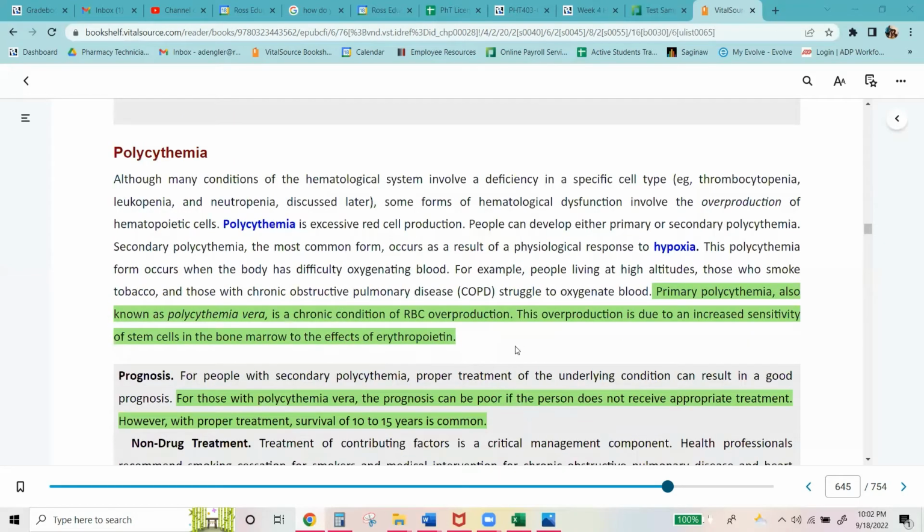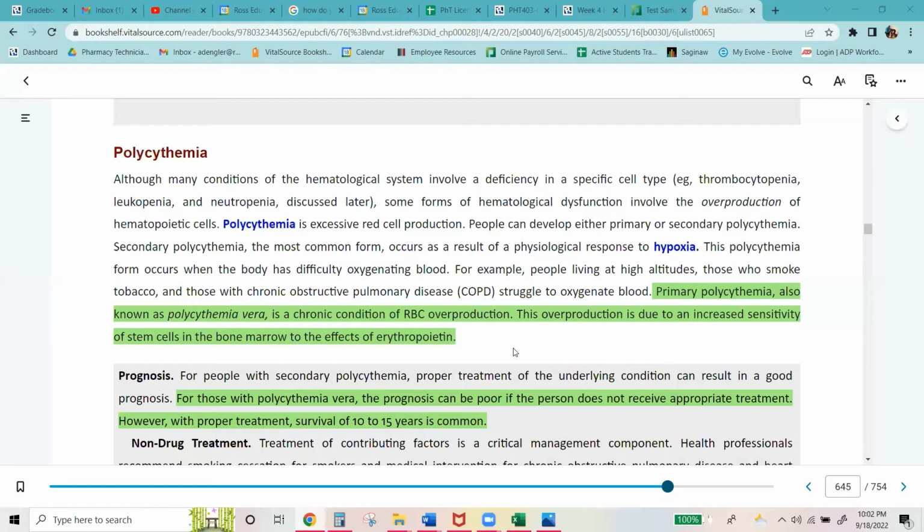Polycythemia is excessive red blood cell production. People can develop either primary or secondary polycythemia. Secondary polycythemia, the most common form, occurs as a result of a physiological response to hypoxia. Primary polycythemia, also known as polycythemia vera, is a chronic condition of RBC overproduction.